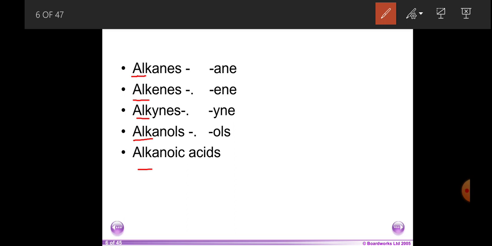We have alkanes ending with the suffix ane. We have alkenes ending with the suffix ene. We have alkynes ending with the suffix "-yne", then we have alkanols ending with "-ol", and we have alkanoic acids ending with "-oic".